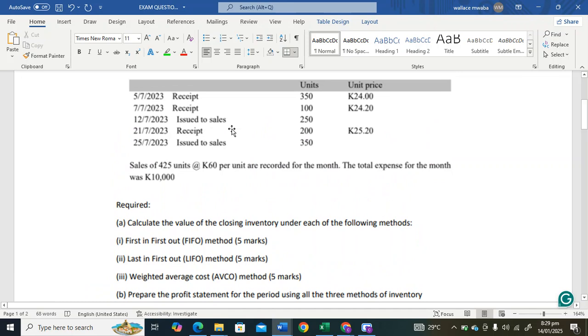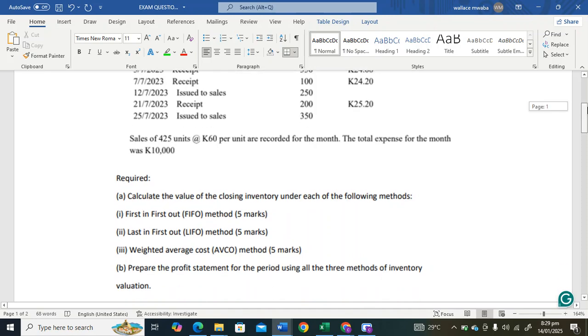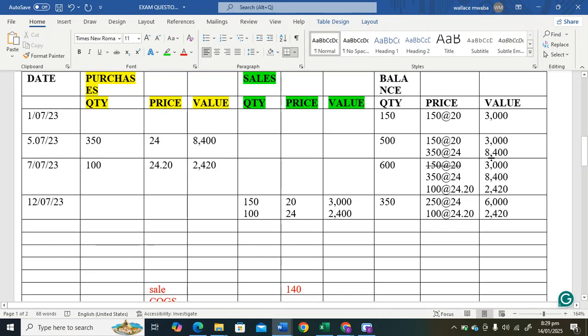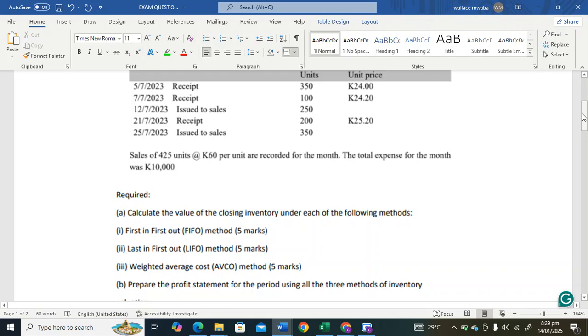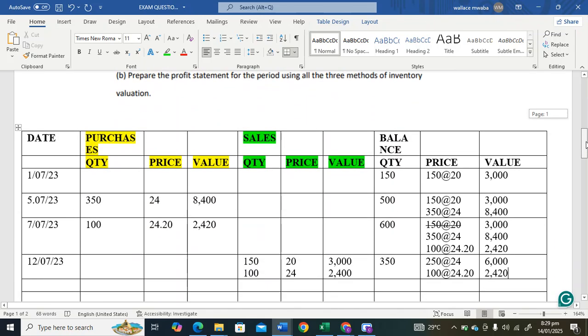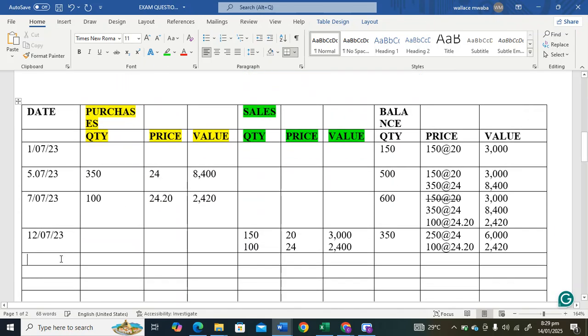All right. Receipt, we purchased 200 goods at 25 kwacha 20 ngwe. So we get the date, 21st January.